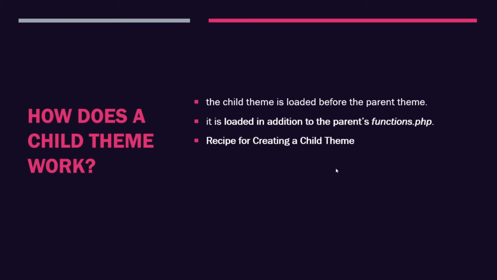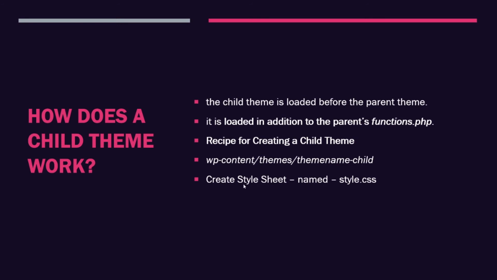So what is the recipe for creating a child theme? Well, the first thing that you want to do, and we'll demonstrate this, is go into your wp-content folder, go into your themes folder, and then the theme name, whatever it is, and then just add -child to it. One thing that is required in any child theme is that you have to create a style sheet, and it has to be named style.css.